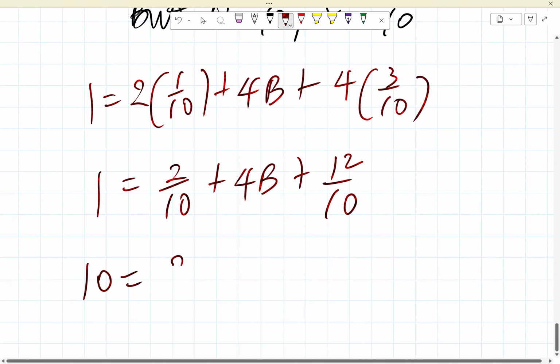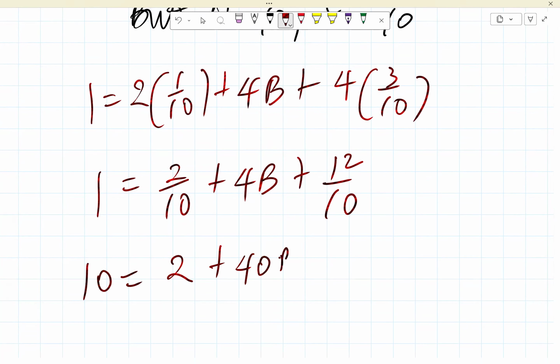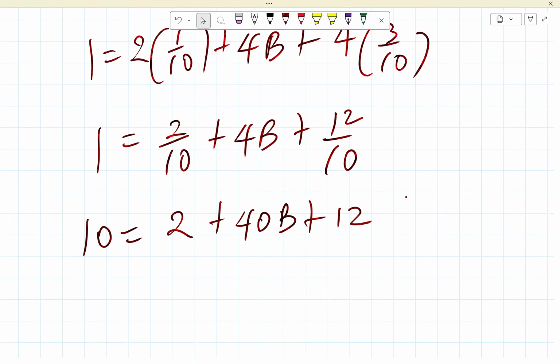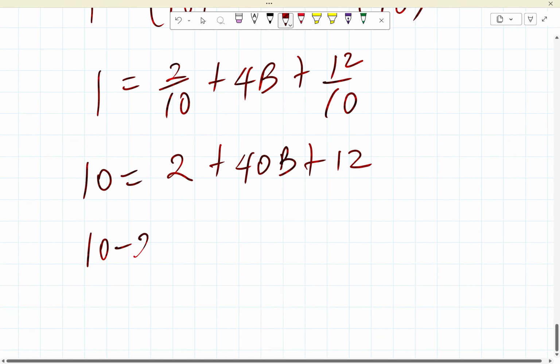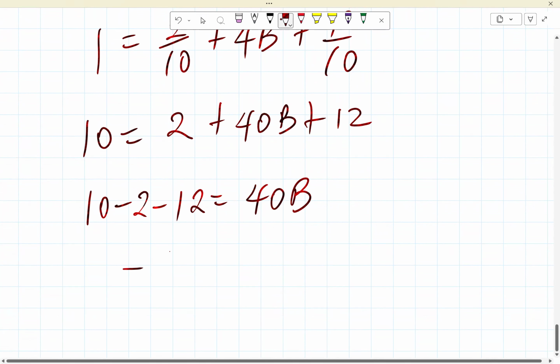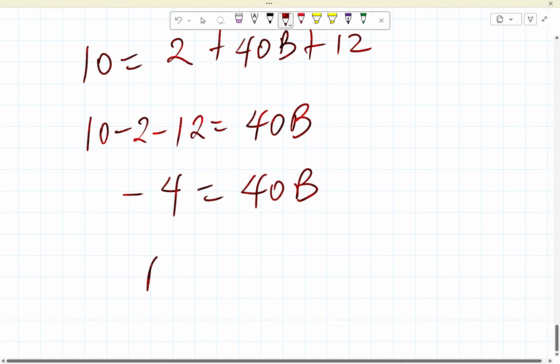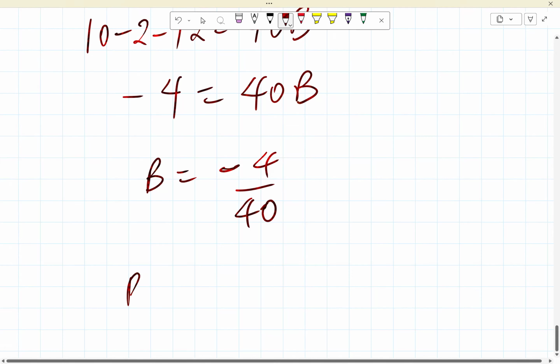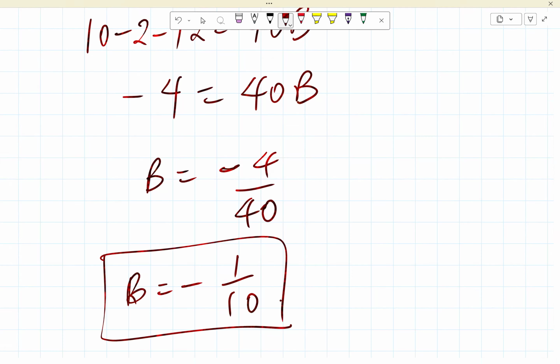So we have 10 equals 2 plus 40b plus 12. So that means we have 10 minus 2 minus 12 equals 40b. So 10 minus 2 is 8. 8 minus 12 is minus 4. So minus 4 equals 40b. That means b on its own is minus 4 over 40, which can then be reduced to the lowest term. So that's b equals minus 1 over 10.